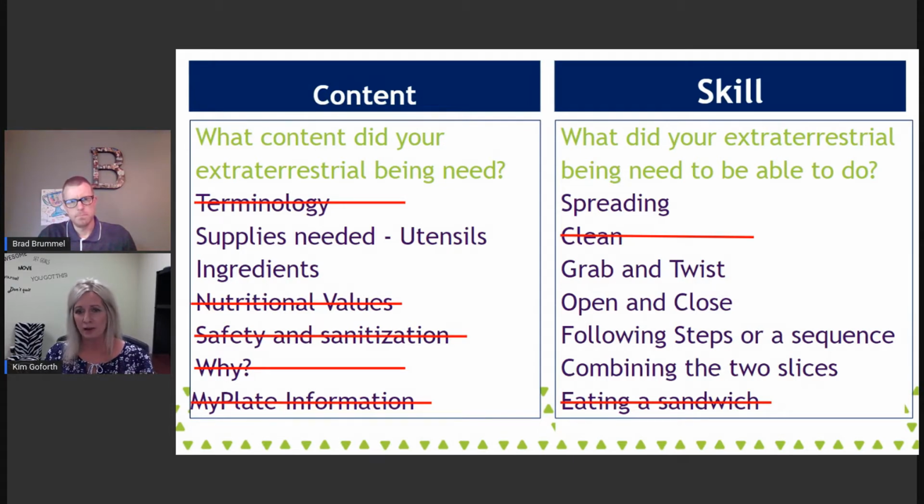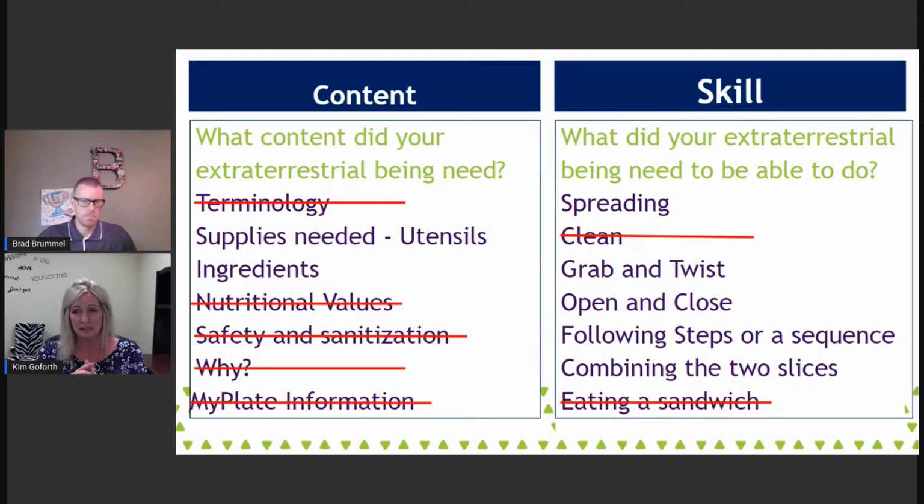It's just something that he was over here spreading with, but I don't think the terminology is really necessary in most cases. The nutritional values, that has nothing to do with the making of the sandwich. That was just Kim's ideal world of making a sandwich. Same thing with safety and sanitation. It was just important to me to have a clean counter after. It has nothing to do with the making, that skill, that objective.